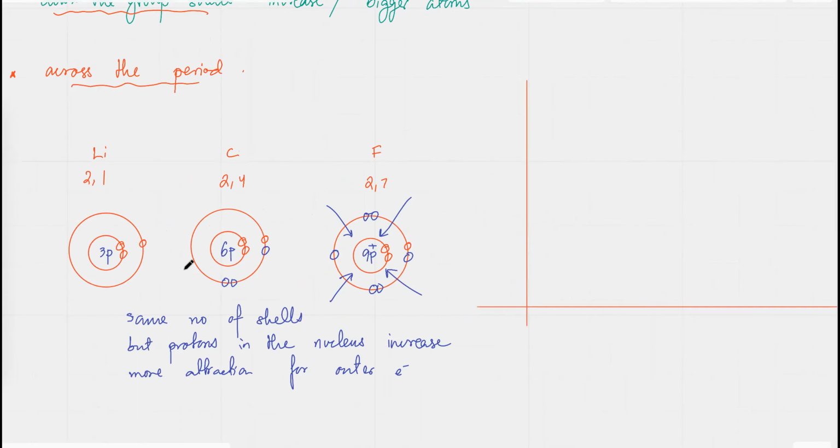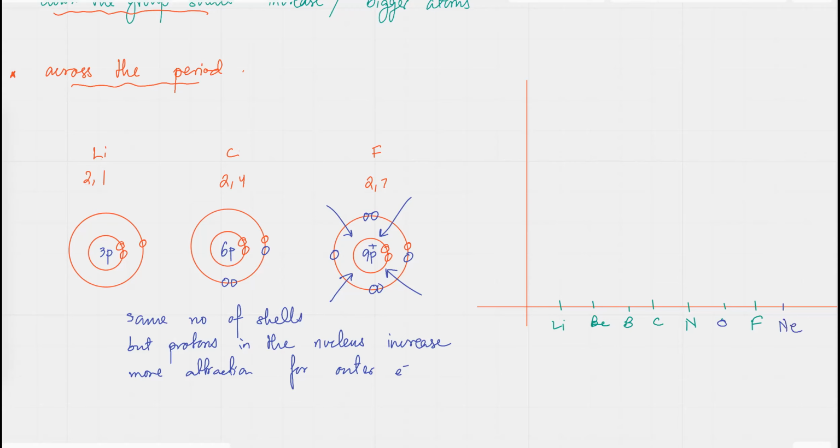So you get plots of this across the period. Remember, this is specifically across the period. So I'm going to draw all of them: lithium, beryllium, boron, carbon, nitrogen, oxygen, and fluorine, and there's neon as well.